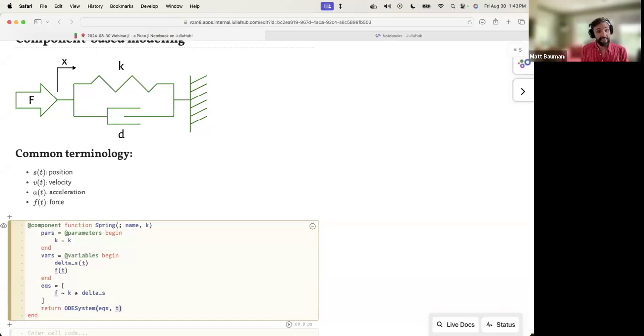It includes that t, that time that we grabbed from Modeling Toolkit long ago up above in the system here, and we pass that here, and then we pass our variables, we pass our parameters, and we also want to say that the name is what we gave it in the argument here. We're going to pass that along, so that way the system itself knows what name we're using for it.